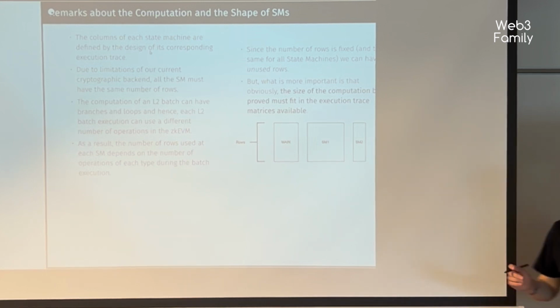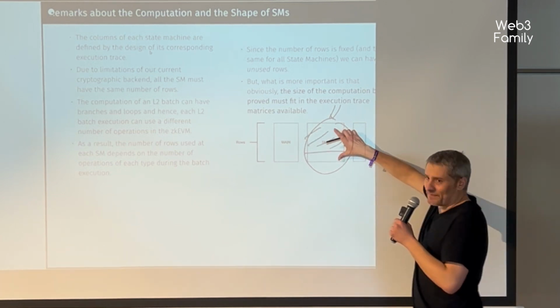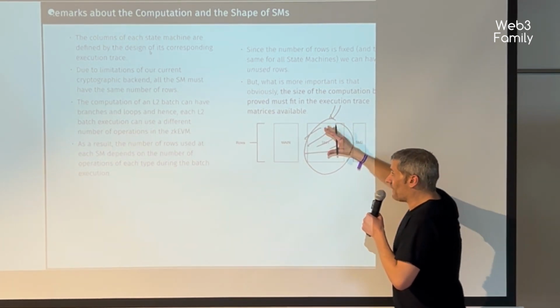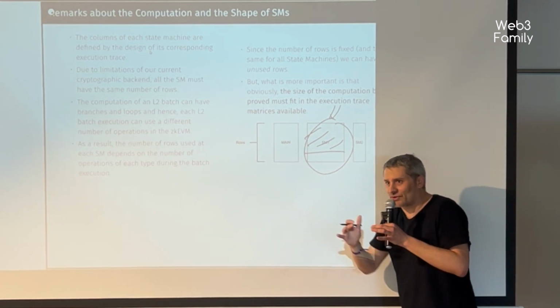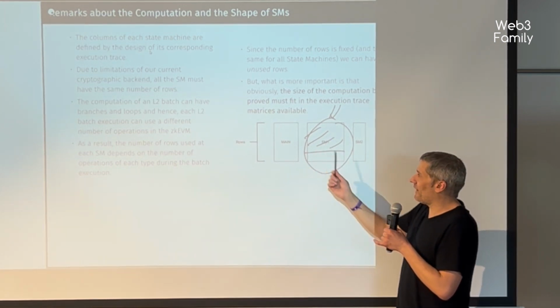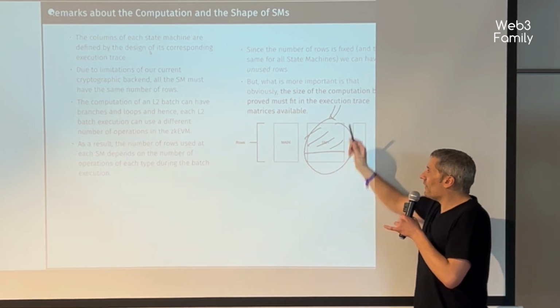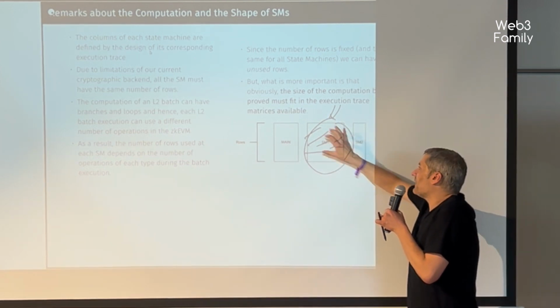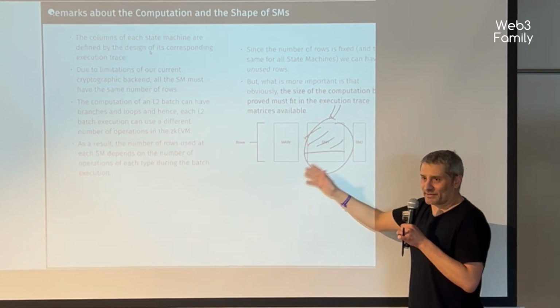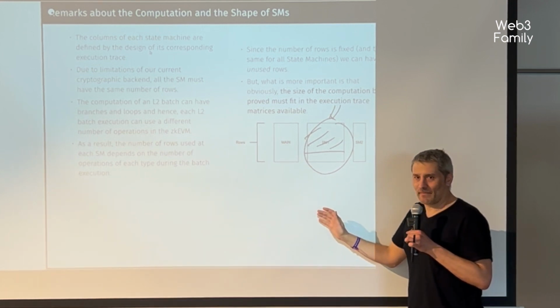For example, if we have a batch with a lot of keccaks, maybe we are running out of space, if this matrix is the one for the keccaks, since the size is fixed. So the idea is that first we need to do a lot of pre-executions to see if the transactions can fit in our structure of matrices, okay?